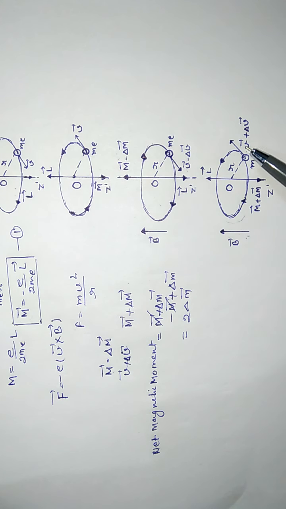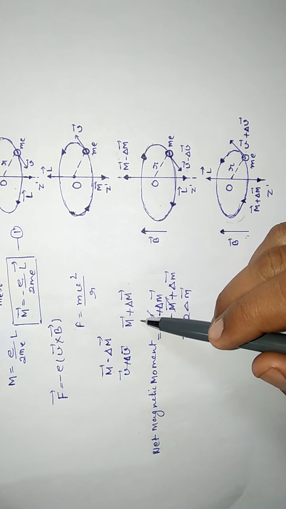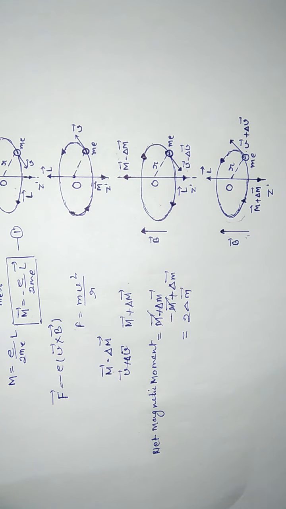As a result of increasing velocity, ultimately its magnetic dipole moment increases. Let its new magnetic dipole moment be m plus delta m.